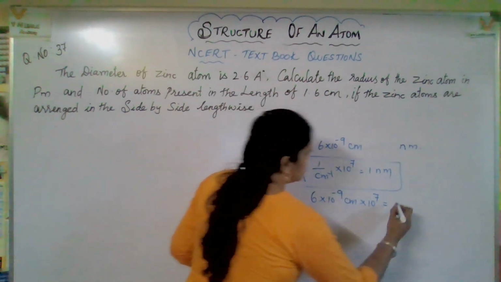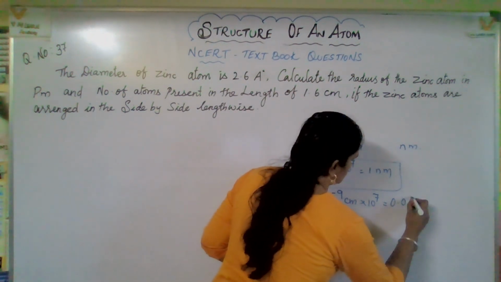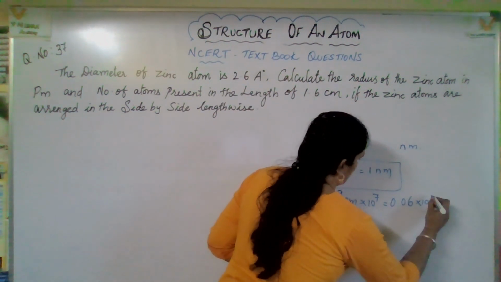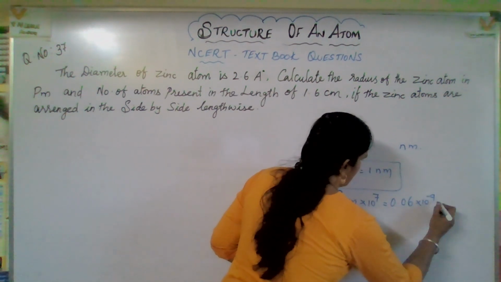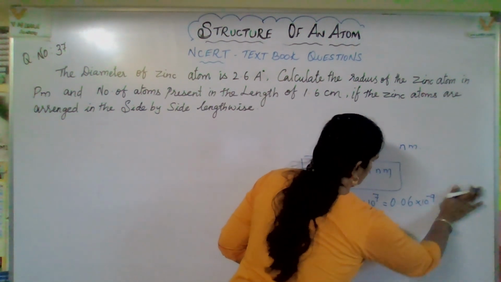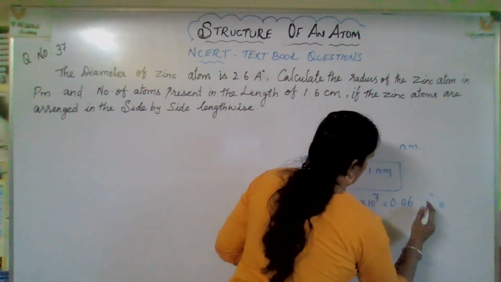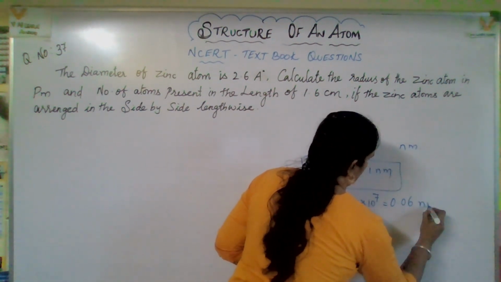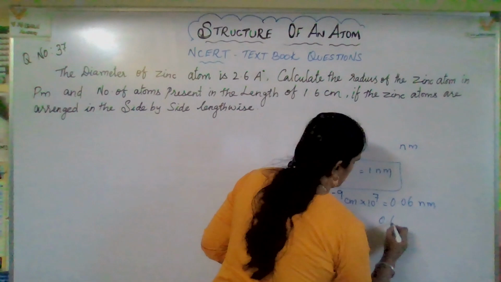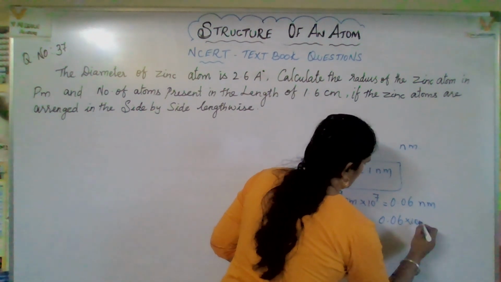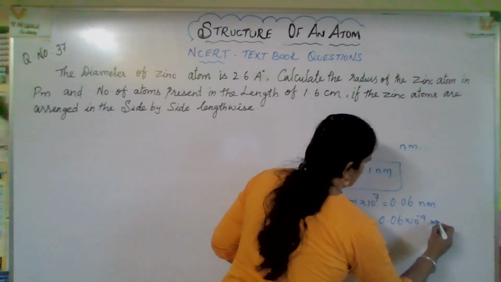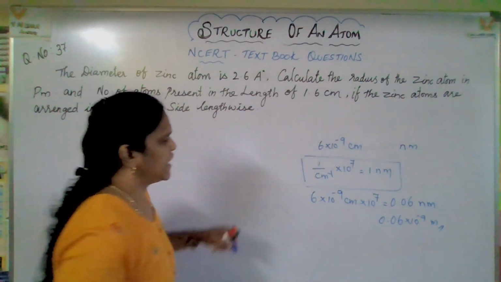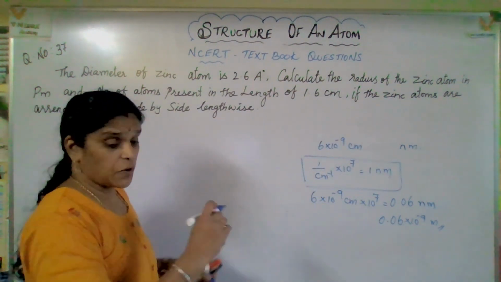You will get 0.06 into 10 to the power of minus 9 nanometer, or directly you can put it in nanometer, or 0.06 into 10 to the power of minus 9 meter. I hope you got a clear idea about that question.